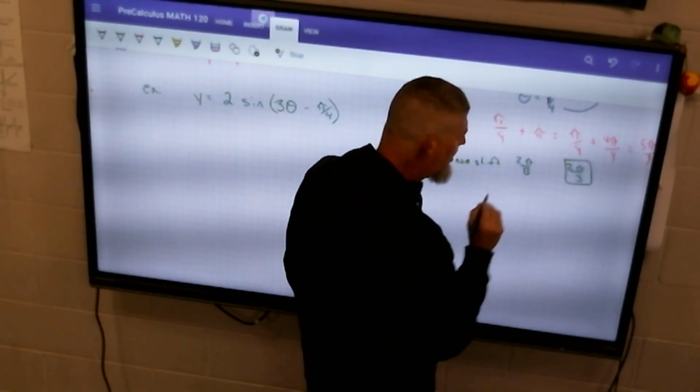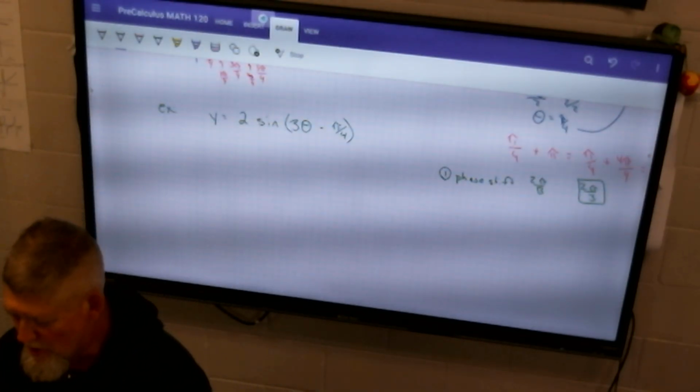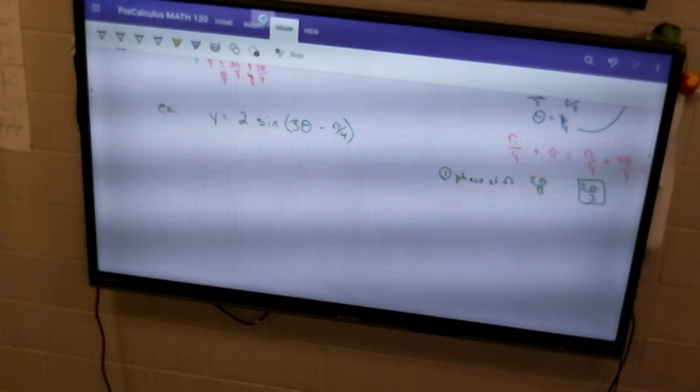Now, Ariana, you told us that it was 2 pi over 3, so let's have Trawan tell me what does 2 pi over 3 mean? A phase shift of 2 pi over 3, what does that mean? No, it's not the starting point. It's not even the ending point. Trawan, you got a guess? Nope.